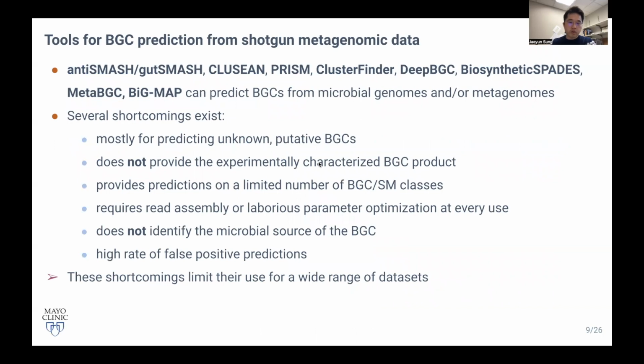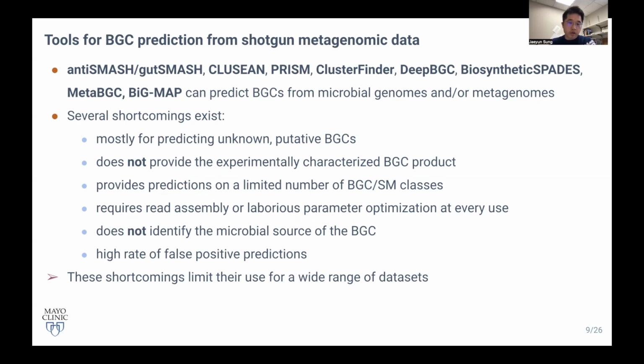Well, although there are currently existing tools out there, and maybe you've heard of them, we found several shortcomings after using them ourselves. For example, most of these are for predicting unknown putative BGCs, where we don't know the final product, but we're only interested in the ones whose bioactive metabolic products are already known.